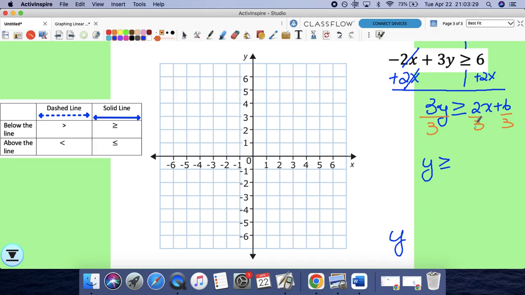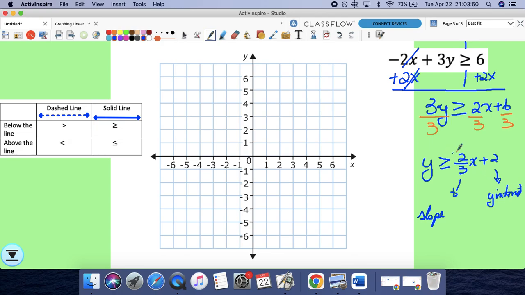Y is greater than or equal to 2/3 x, we just leave it as 2/3 x, and then +6 divided by 3 is 2. So now it's in the format that you and I like, where we can easily tell that this 2/3 is my slope, and the 2 is my y-intercept.